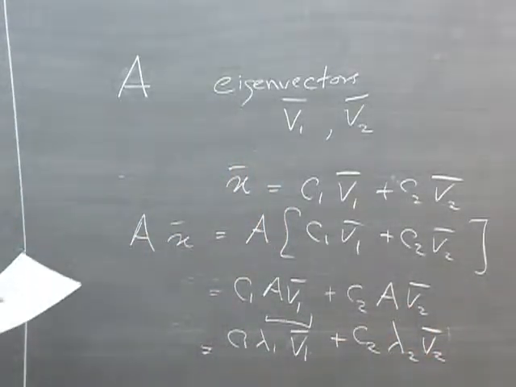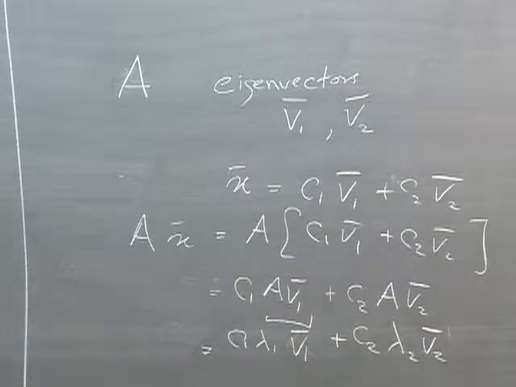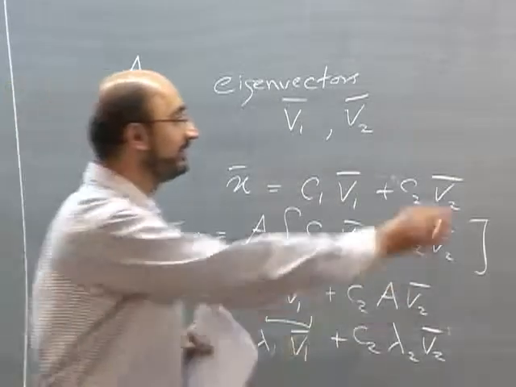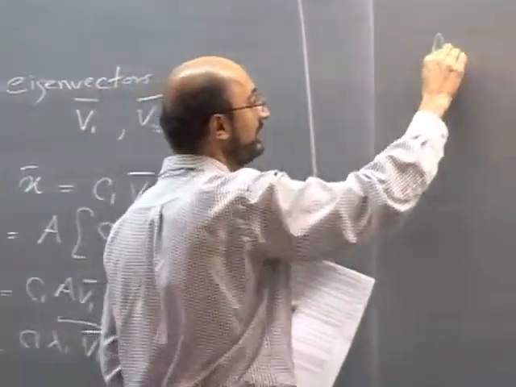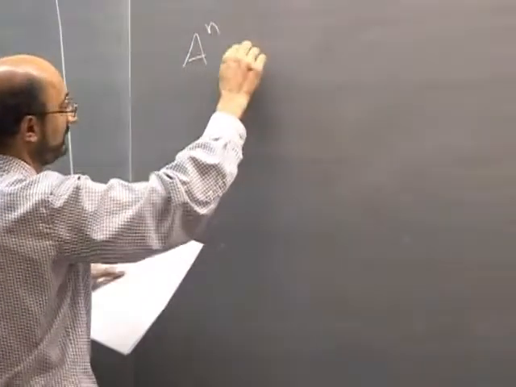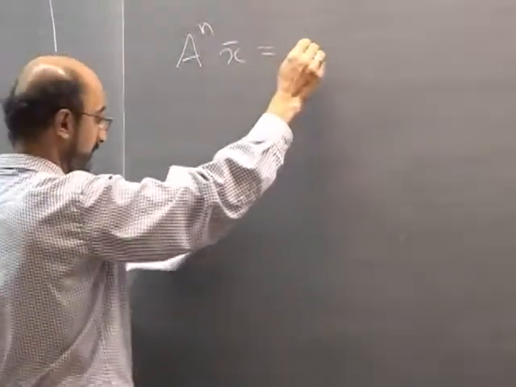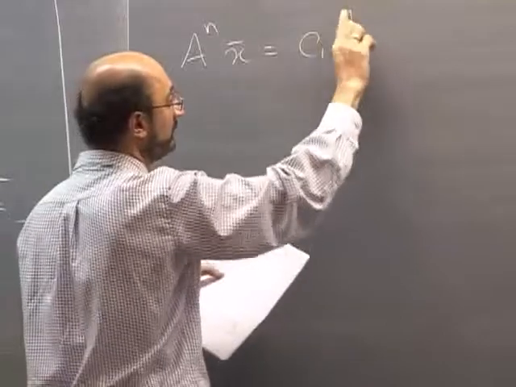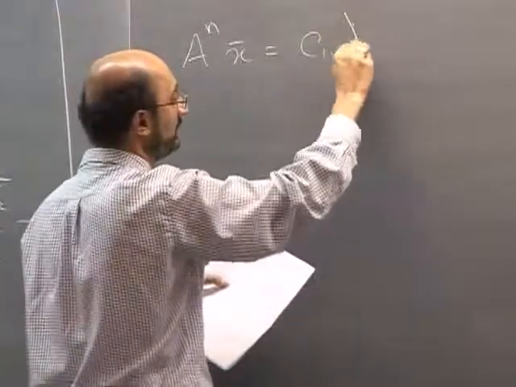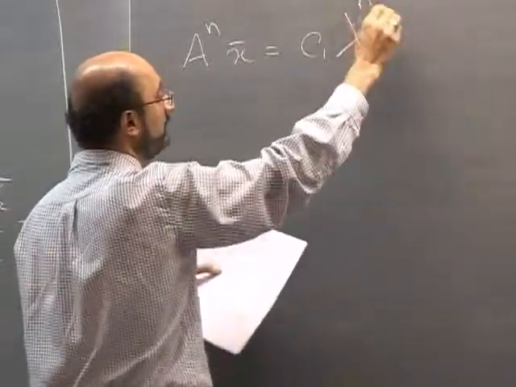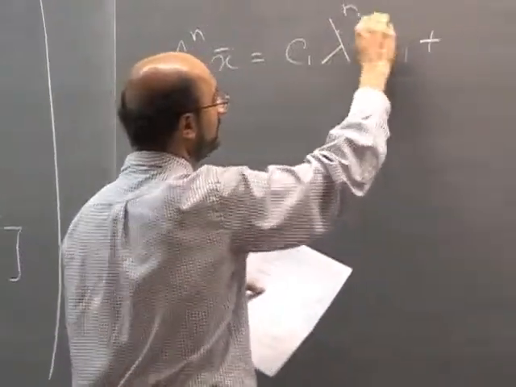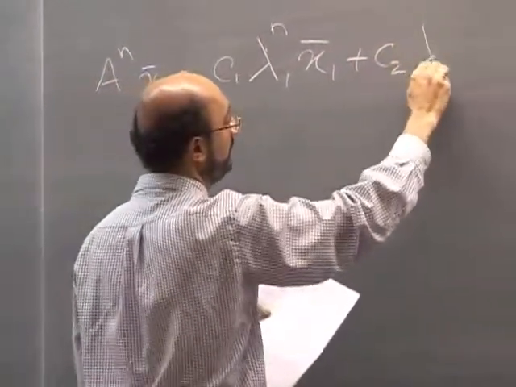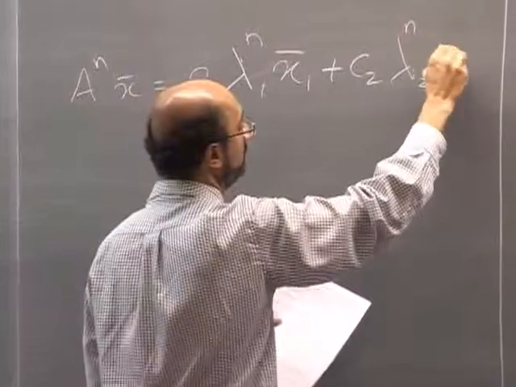Okay, and so this matrix multiplication or transformation has been replaced by a pure scaling operation with the value c1 lambda 1. And in general, it's easy to show using induction that A to the n x is going to be nothing more than c1 lambda 1 to the n v1 plus c2 lambda 2 to the n v2.